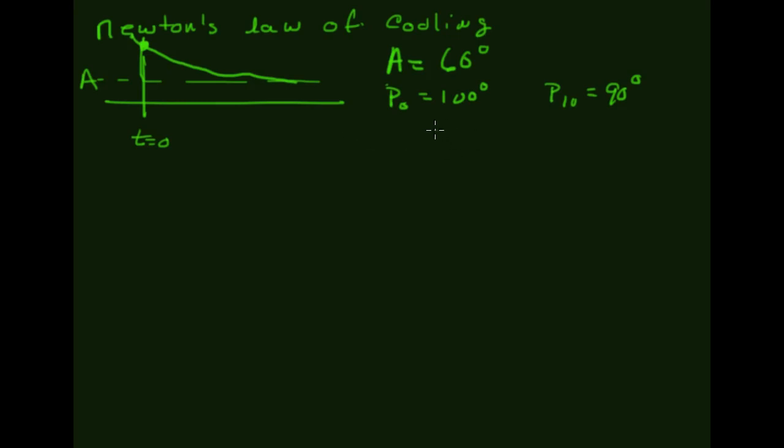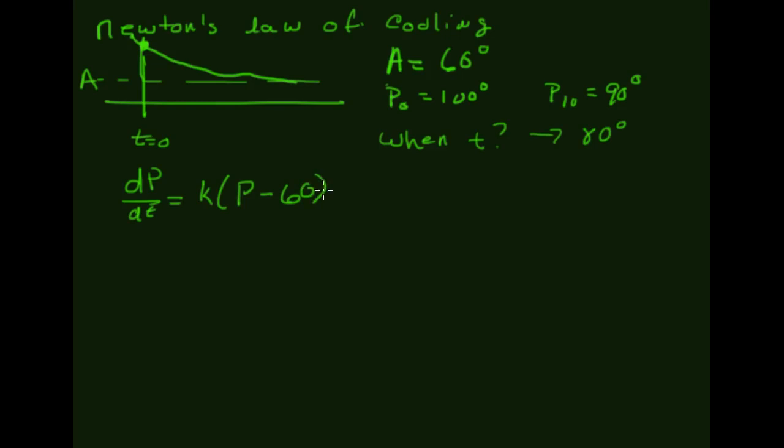So the question is, at what time will I be at 80 degrees? Okay, so this can be modeled as the change in temperature with respect to time is equal to some constant times P minus 60.